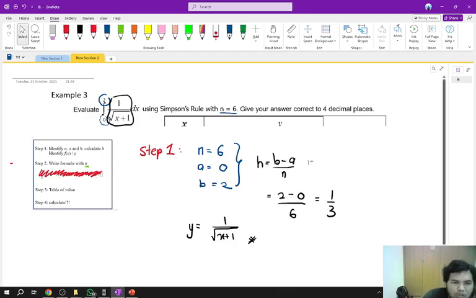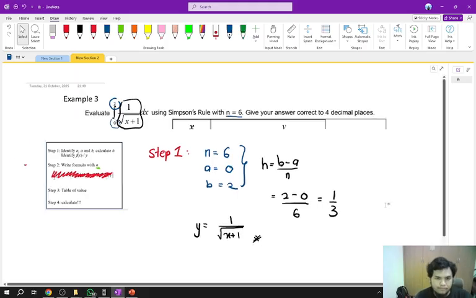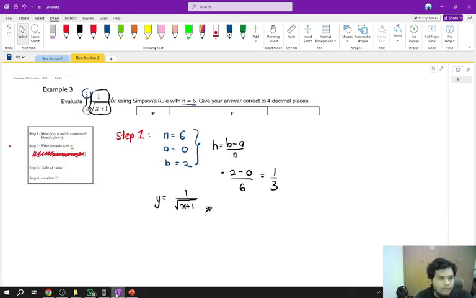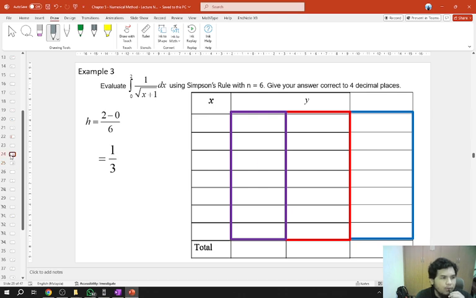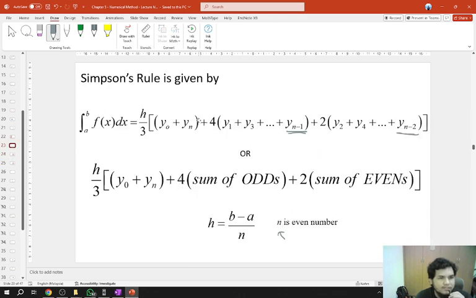Step 2, we need to write back all the values inside the equation of Simpson's rule. So we take back our equation of Simpson.